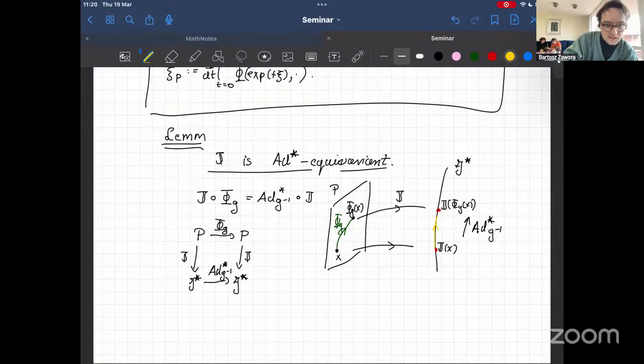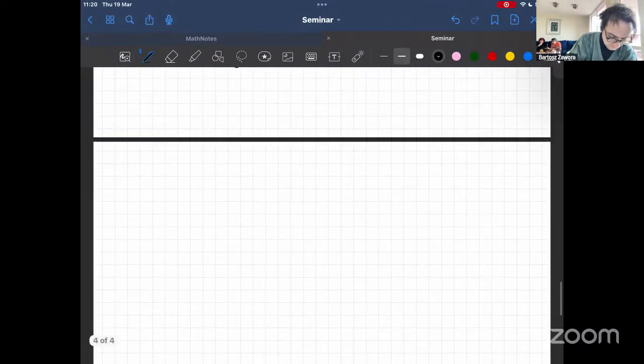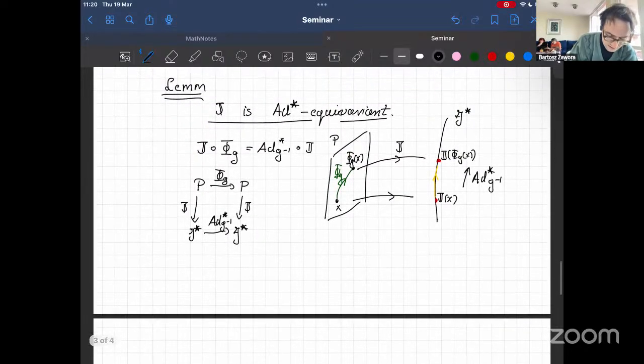So in the exact case, the exact symplectic momentum map is always ad equivariant, which in the general symplectic case doesn't hold. Okay, do you have any questions?